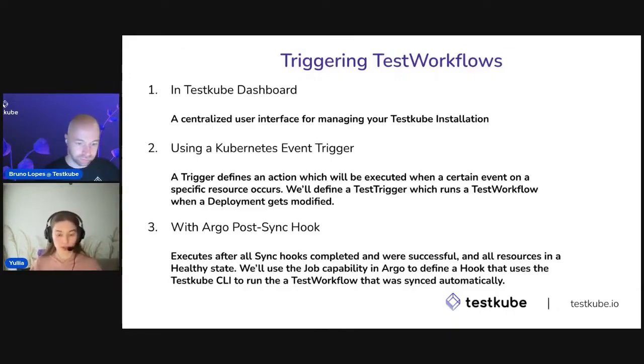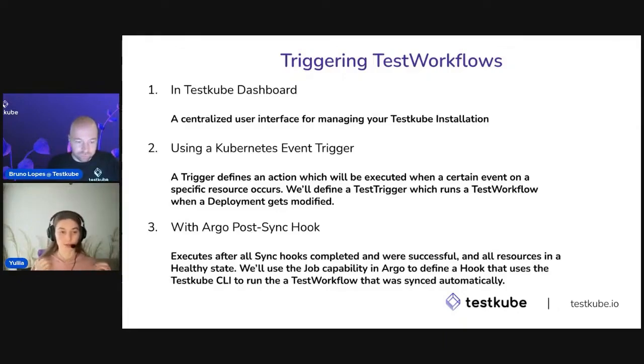Before that, I'd like to share a few words on how we can trigger a test workflow before shifting our focus to ArgoCD PostSync hooks. To start with, what is a test workflow? A test workflow is the manifest where you can define your tests in your Kubernetes cluster. It's very powerful and flexible, and it gives you lots of room for customization, as you may define as many steps as you'd like.